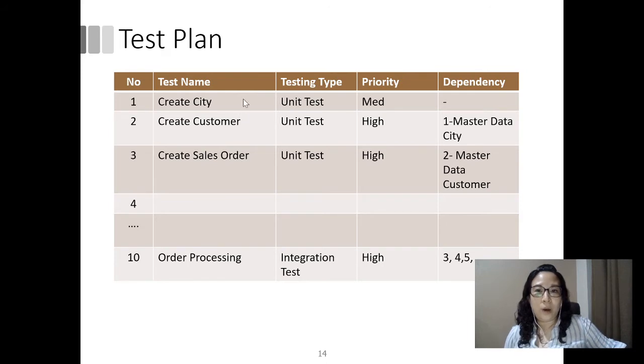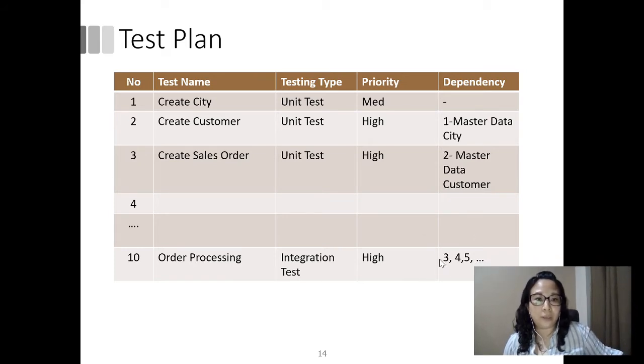So later on you need to list down all the unit tests that you need to do first, and put the priority and the dependency here. And then after all that, you can define your integration testing. For the integration testing, for example, I put the test name as order processing, whereby the order processing will consist of creating sales order, creating delivery, creating the invoice, and so on.